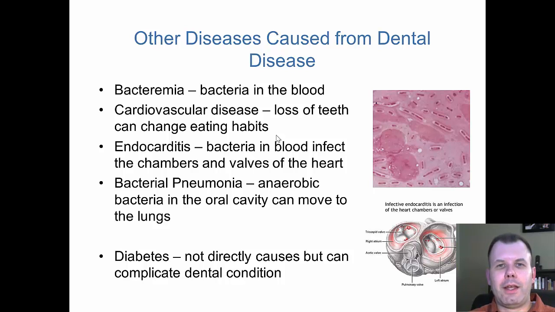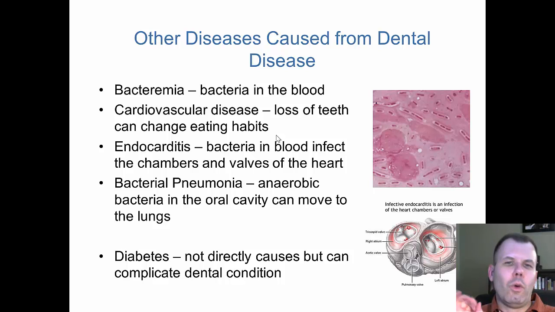That is a primary infection leading to a secondary infection around the heart. It can cause endocarditis, which is an inflammation of the lining of the heart or the valves of the heart itself due to the infection. Bacteria getting into the bloody gums can also cause bacterial pneumonia, because those anaerobic bacteria in the oral cavity can move into the lungs because now you've set up an environment that they can go in.